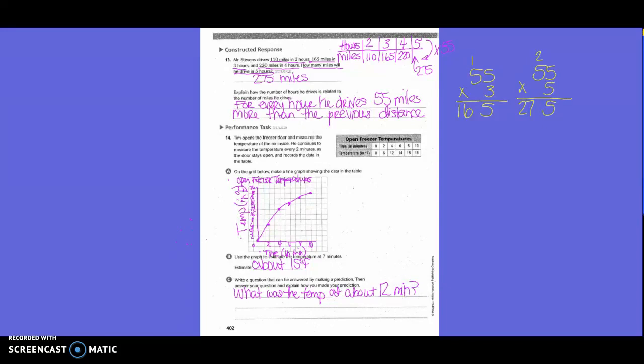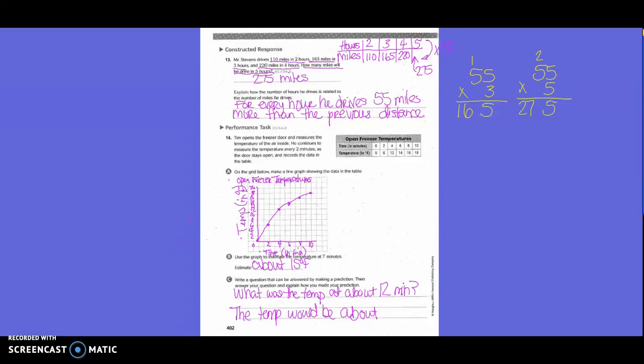Okay, and then our answer would be the temp would be about, so it's going up by what, guys? The temperature rose really quickly in the first 2 minutes, and then it just gradually started getting a little bit warmer over time, right?